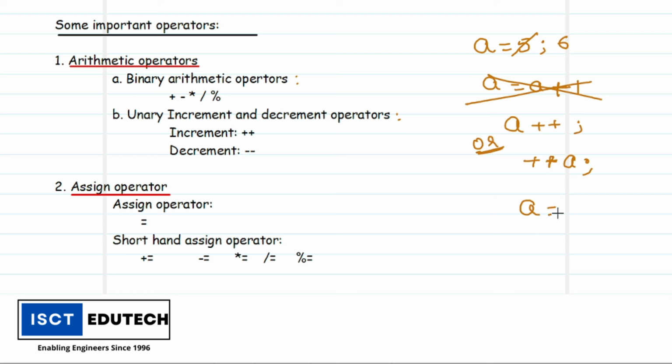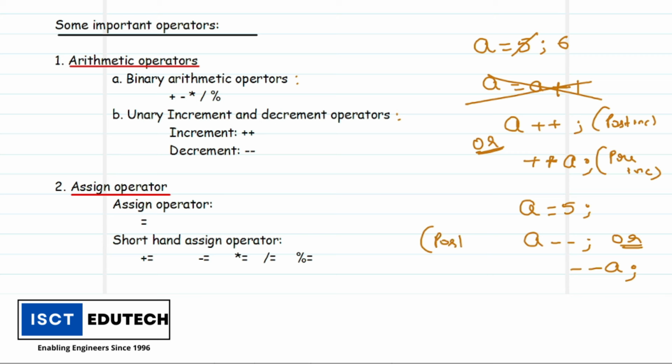You have the opposite, decrement. A = 5, I want to make it 4. A-- or you say --A. So A becomes 4. Now, this increment or decrement, I have written in two ways: A++ and ++A. If you write it after the variable, A++, this is called post-increment. And if you write ++A, that is, ++ comes before the variable, it is called pre-increment.